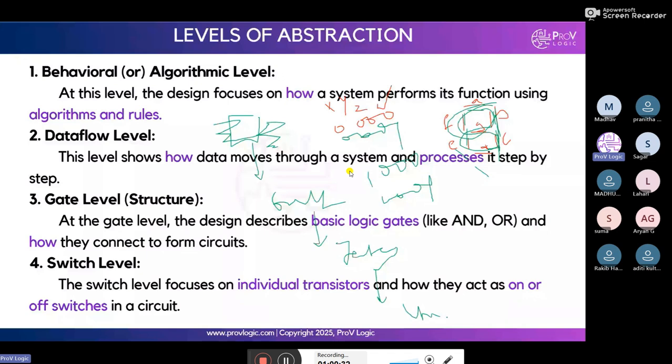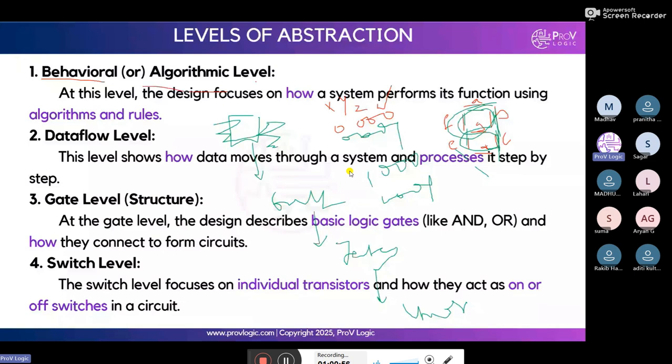Same in Verilog HDL also, we can write the program in these many models. First is behavioral modeling. That means at this level, we only focus on how the functionality is working.